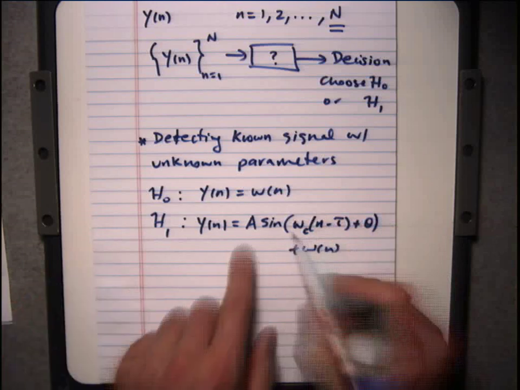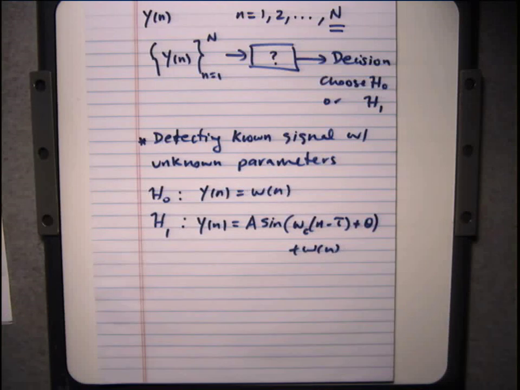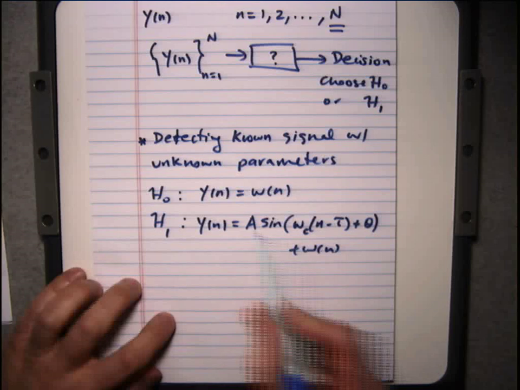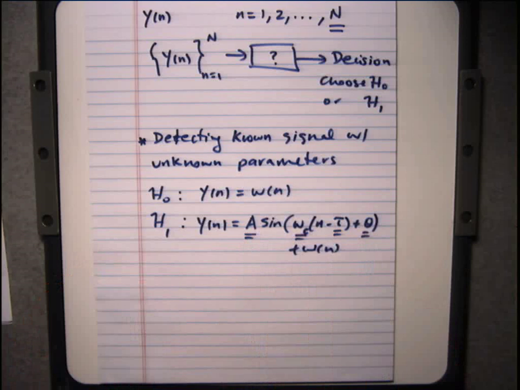So this is a sinusoid, an oscillating function. What I don't know is A. Let's say I don't know the frequency, the time delay, or the phase delay. But I know that the signal is oscillatory. I know that it has this form, but this is unknown, maybe this is unknown, and that's unknown. So that's one slightly more complicated version of the problem I just showed you.